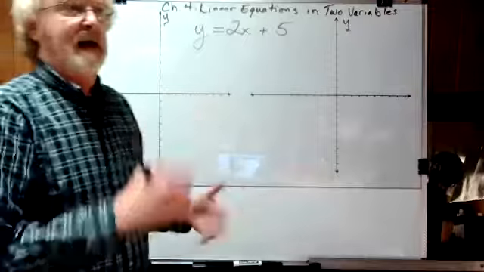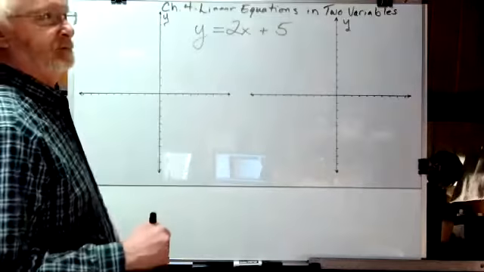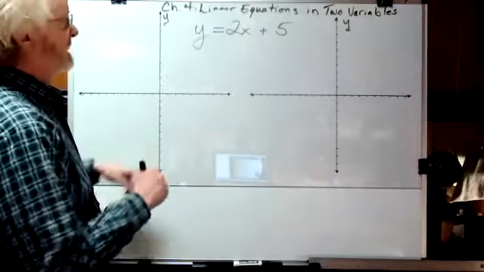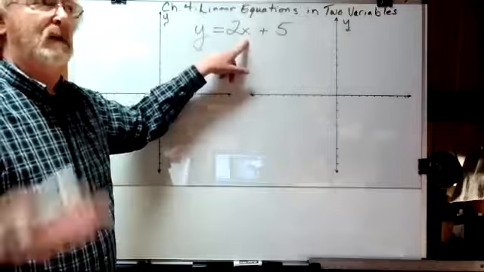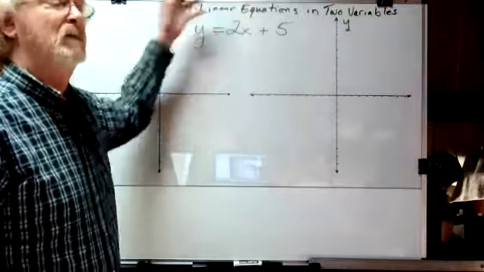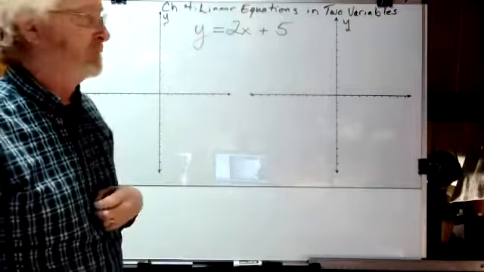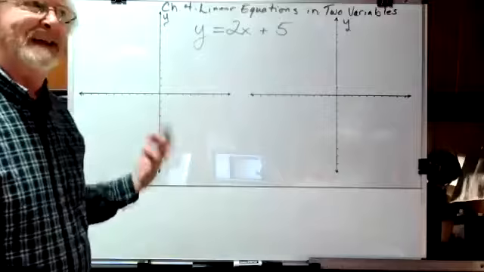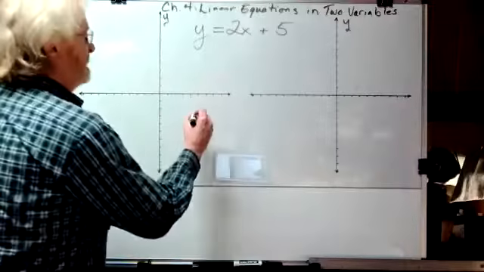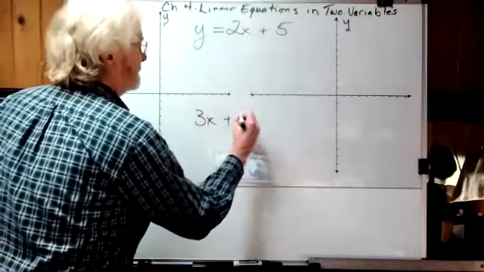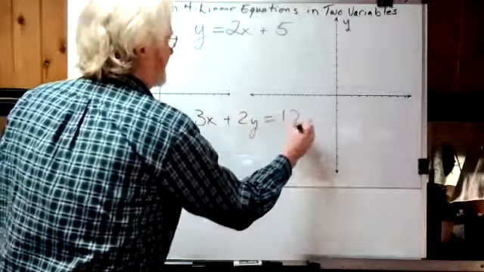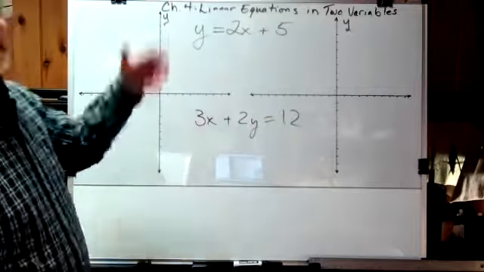So I get an infinite set of combinations. I can pick any number I want for x, and I'll get some y value that goes with it. Even one that looks like this, saying that it always has to add up to 12. I could even use fractions.